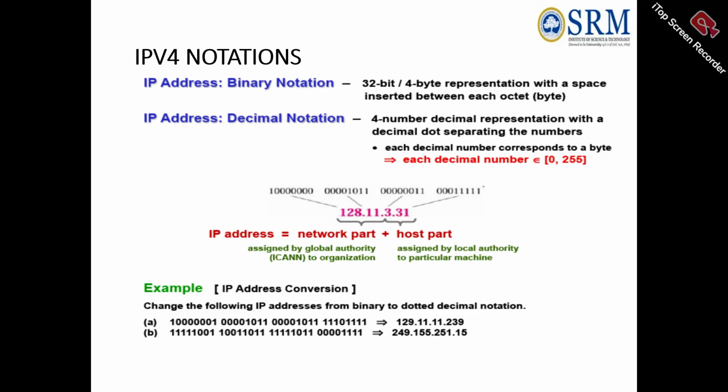If you want to convert from decimal to binary, you can use the division method. For example, 129. If you take 129 divided by 2, what's the remainder we get? 1. And again you can divide, or else you can use the place value.